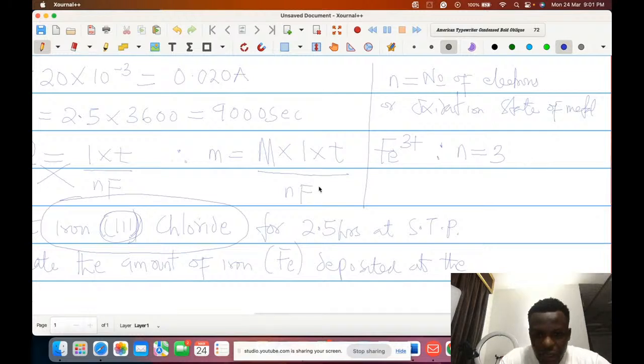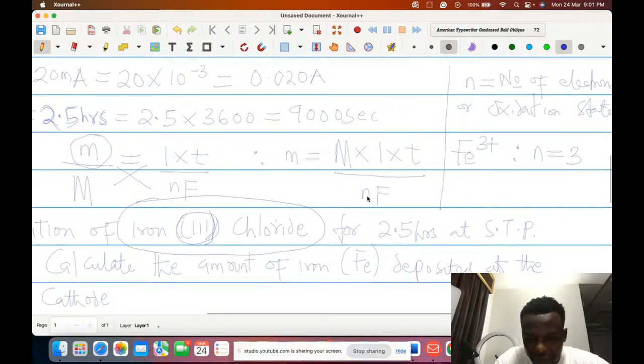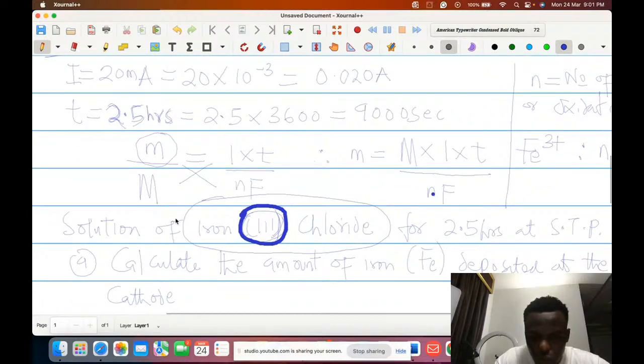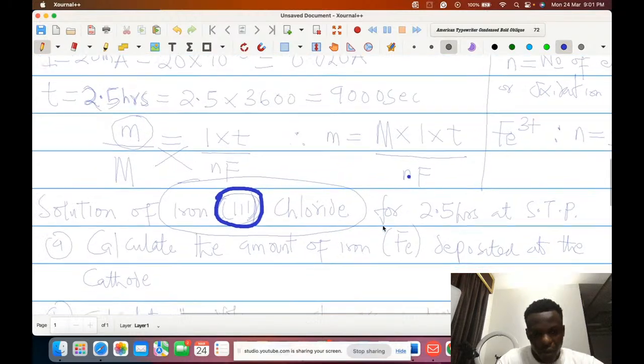In case you're wondering how we are going to get this N, this is actually how we got it. This bracket is iron 3. So how do we get to know the number of electrons or the oxidation state of the metal? By this.